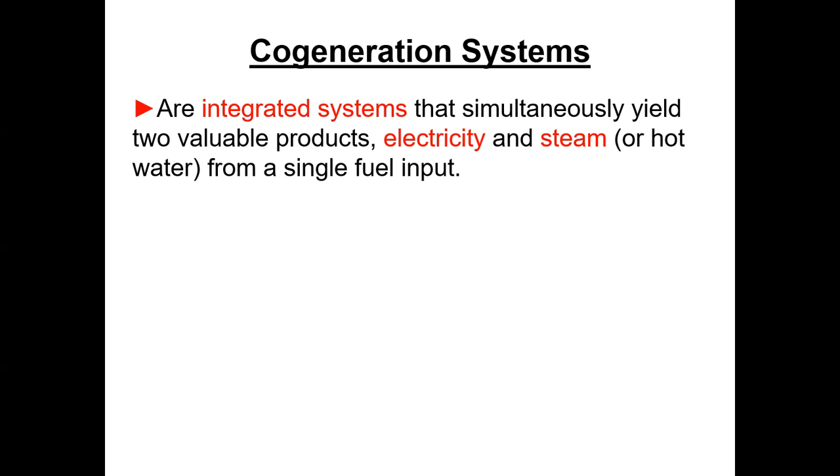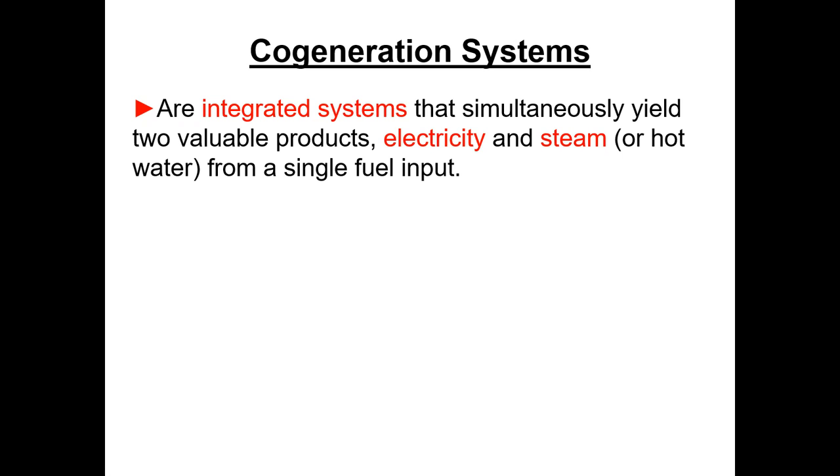It doesn't have to be electricity and steam, but basically cogen means that you've got one energy input and you're going to get at least two or more. You can have trigen or quadgen or whatever useful energy streams out of it. So traditionally it's electricity and thermal energy, probably steam.